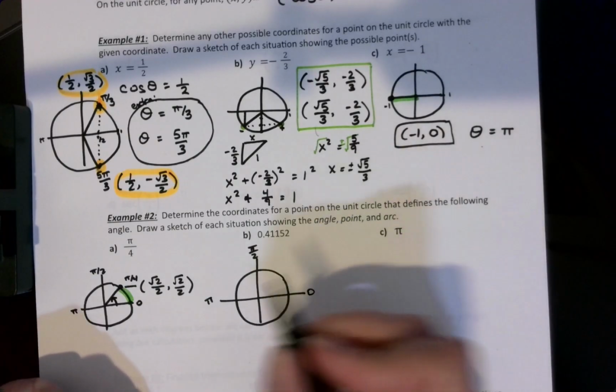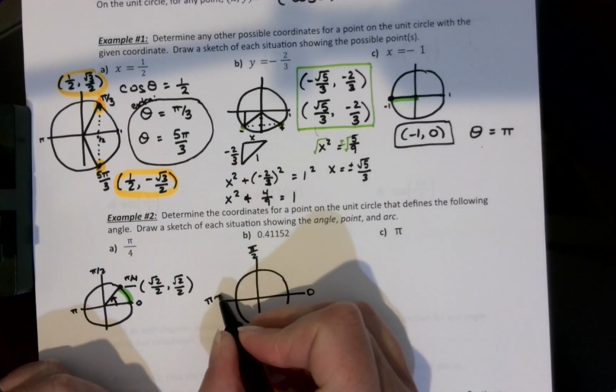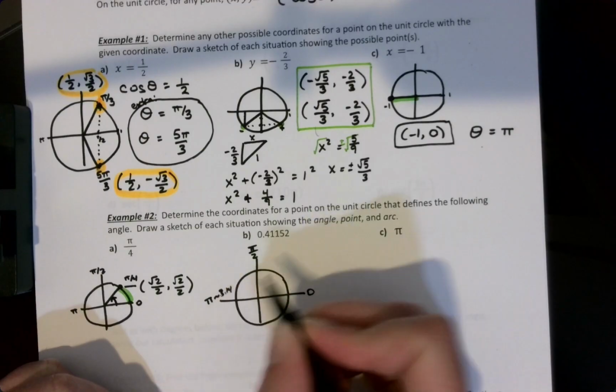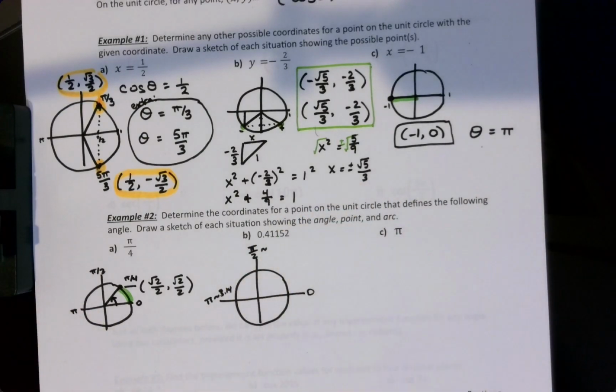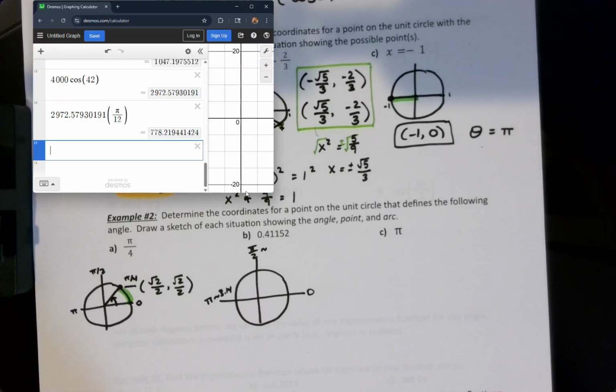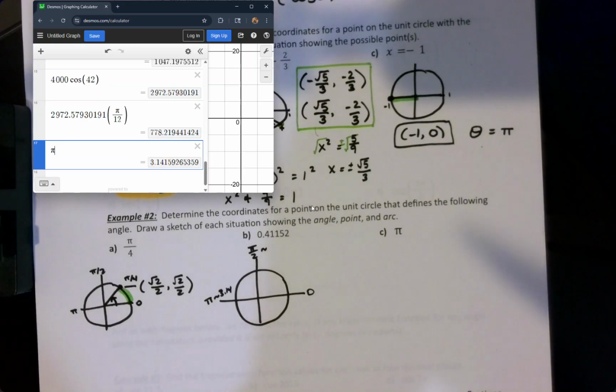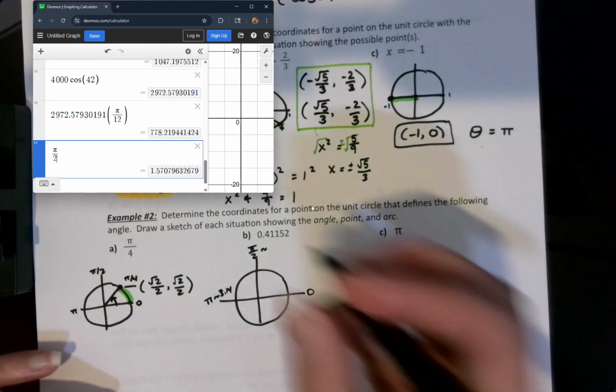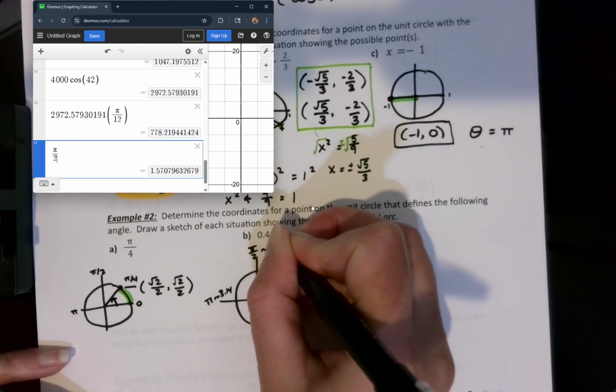Now, I know that pi is approximately 3.14. So pi halves is going to be approximately, I don't know what 3.14 divided by 2 is. So let me find a calculator. If I divide pi by 2, it's 1.6 something. So close to 1.6. So it's approximately 1.57.